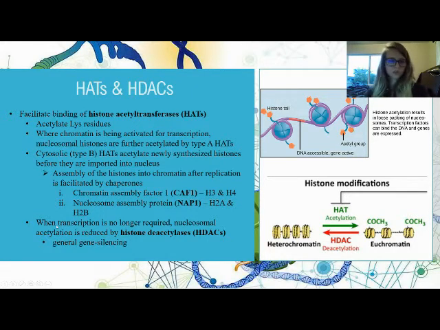And when transcription is no longer required, the nucleosomal acetylation is reduced by histone deacetylase, or HDAC. And this is general gene silencing. This was easy to help you remember: HATs' acetylation leads to the relaxation and active form of the chromatin, whereas HDACs deacetylate the chromatin and you get the heterochromatin, or condensed and inactive form.